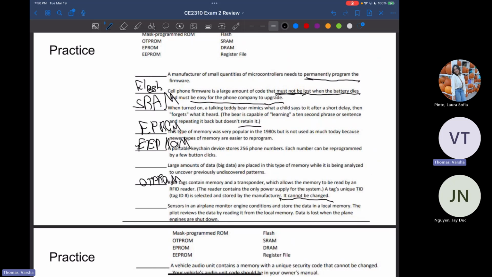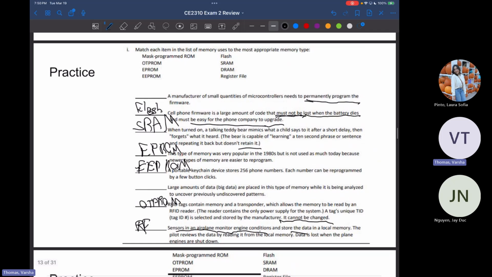It's writing and it's reading. And it also says that data is lost when the engines are shut down. So we know that it has to be RAM, and since it's doing multiple things, writing and reading at the same time, we know that it has to be a register file, because register files are the only ones that can read and write at the same time.